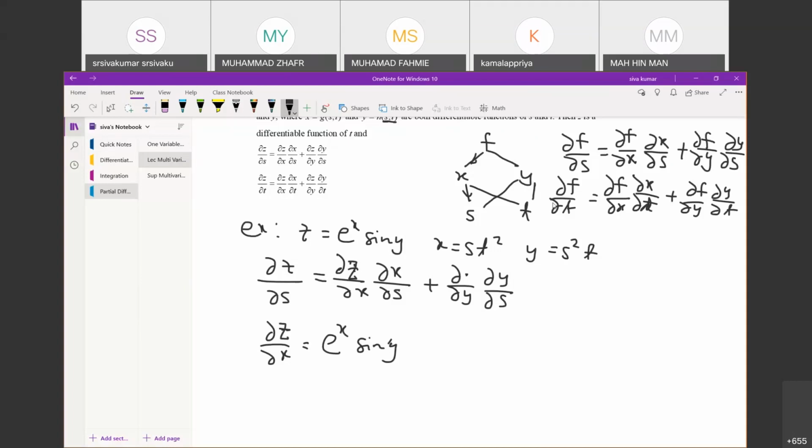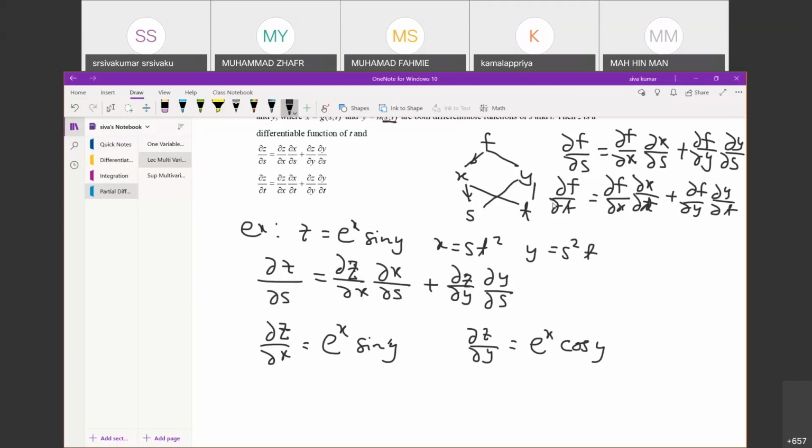Again, what about this? Now you can see e^x doesn't change, nothing will affect this, it becomes a constant. What about sine y? When you differentiate sine y, you get cos y.